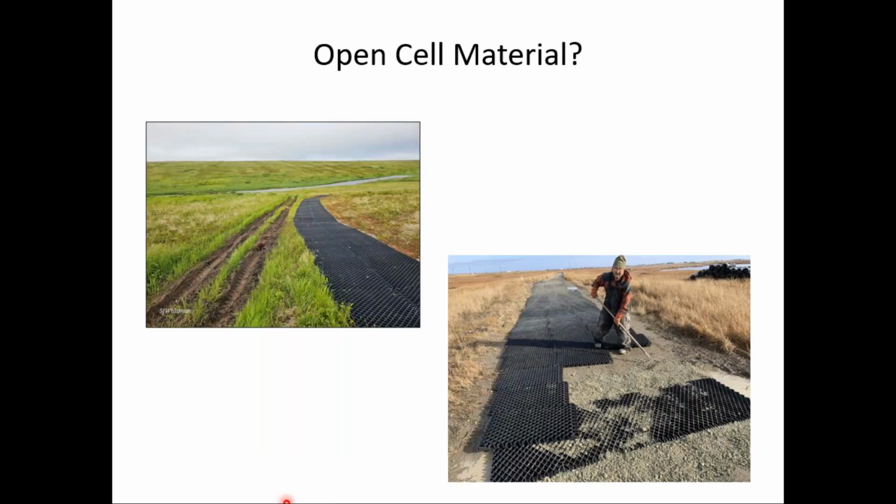Or here was something I just saw. This is in Alaska, where they have permafrost and mud and accessibility difficulties, but they use this open cell material to allow wheeled vehicles to, in this case, I think it was to access their trash or waste dump.